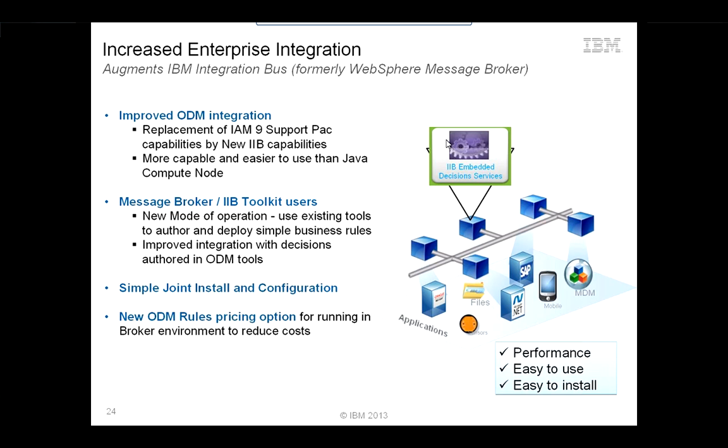Therefore, it's a nice collaboration to have IIB and ODM talking to each other. But if message broker had to talk to ODM through web service invocation, then performance can quickly become slow, or performance can suffer because of that.